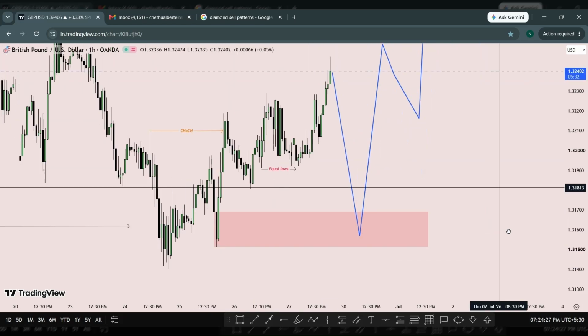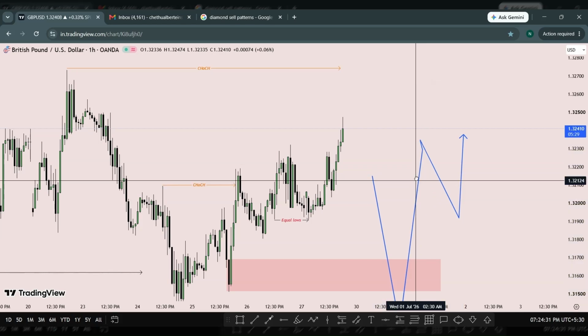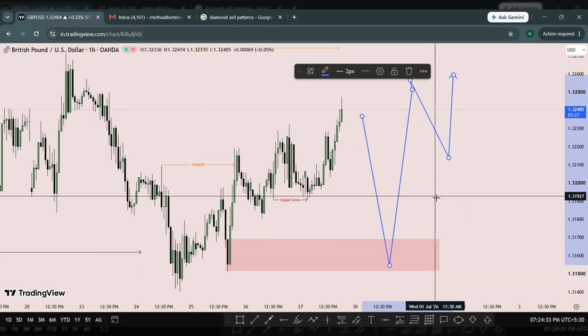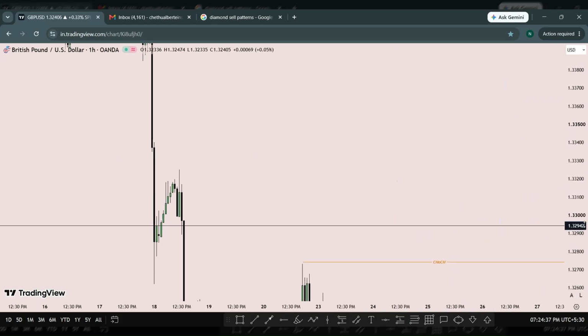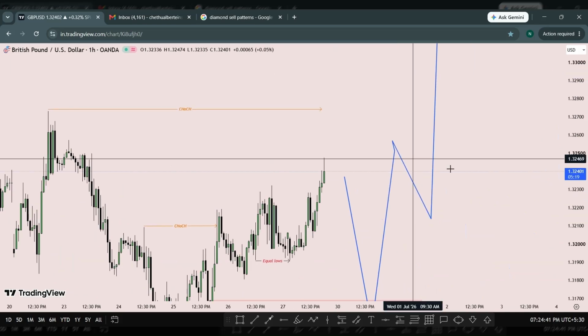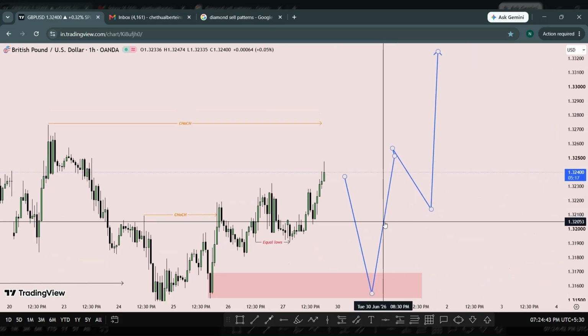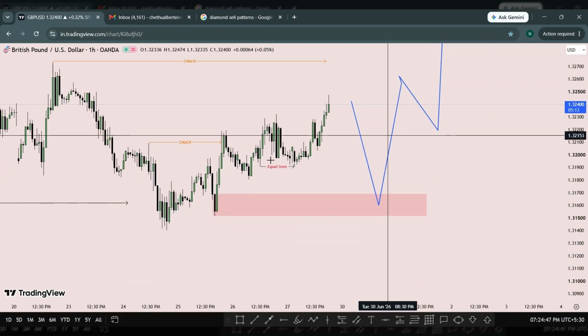I think where you will exit? Exit is this fair value gap, the strong fair value gap. As I told you, the strong fair value gap works better for exit, and put the stop loss below the low or swing low.